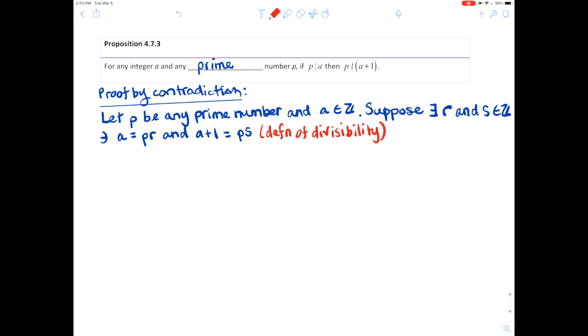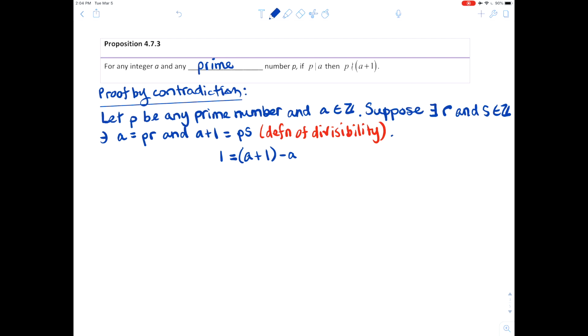So, all right, what are we going to have? 1 is going to equal a plus 1, that quantity, minus a, right? Because a is any integer. And so if you add 1 to a and then take away a, you get 1.